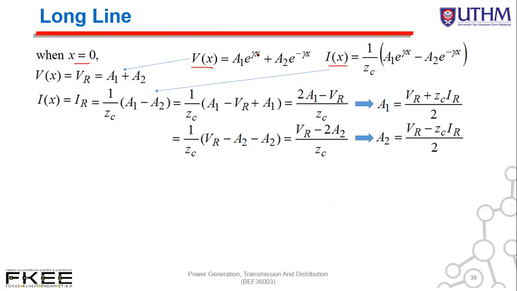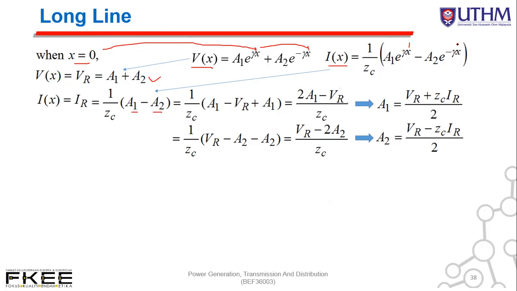Exponent 0 will be 1, so we got VR equal to A1 plus A2. Similarly for Ix or IR, we got IR equal to 1 over Zc times A1 minus A2 for the case of x equal to 0.